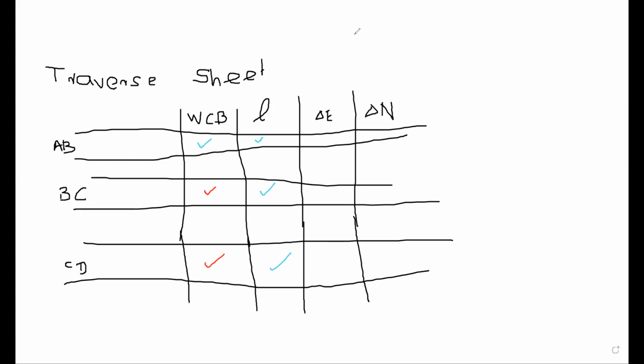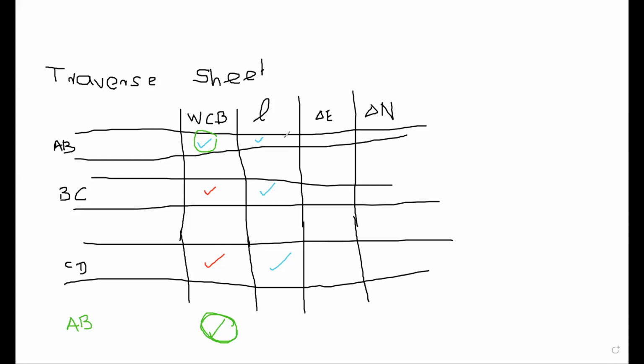The last one I told you is a check, because at the bottom you have the same line which you started with, and there should be a whole circle bearing the same as the calculated one. They two should be the same.